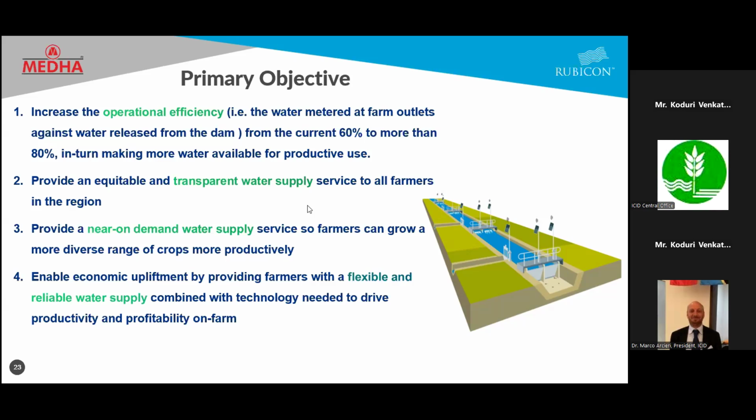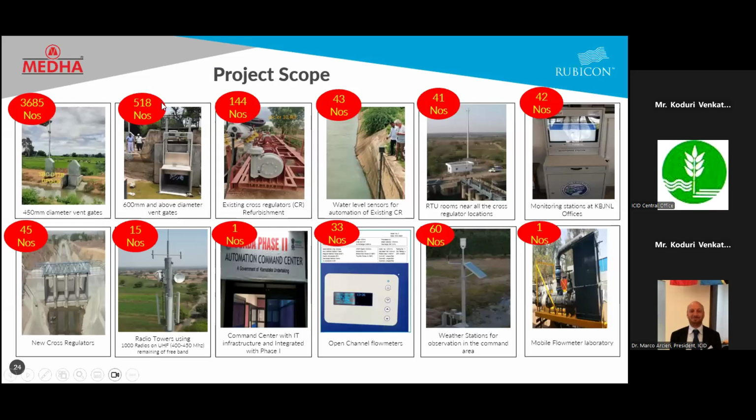The project scope included 450 gates for the field channel outlet gates, which numbered around 3,685. The offtake or lateral gates numbered around 518, and the existing cross regulators in the system, established in the 1970s or 80s, were 144.